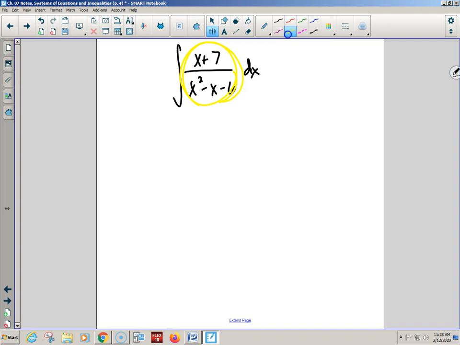Now, there are a couple different options they have as to how to tackle it, but one of the easiest is to break it up into partial fractions. What's the title of your 7-4? Partial fractions.